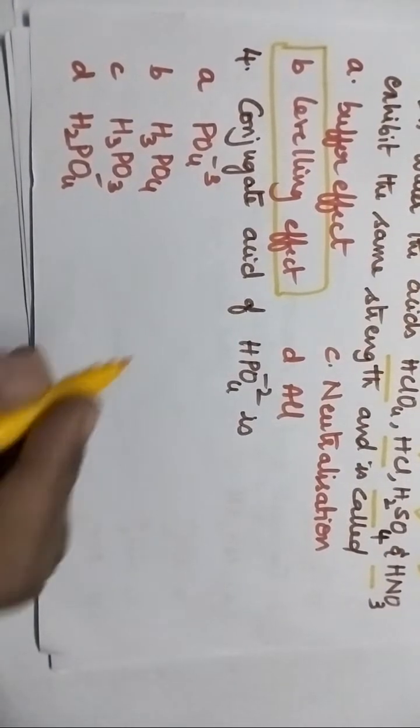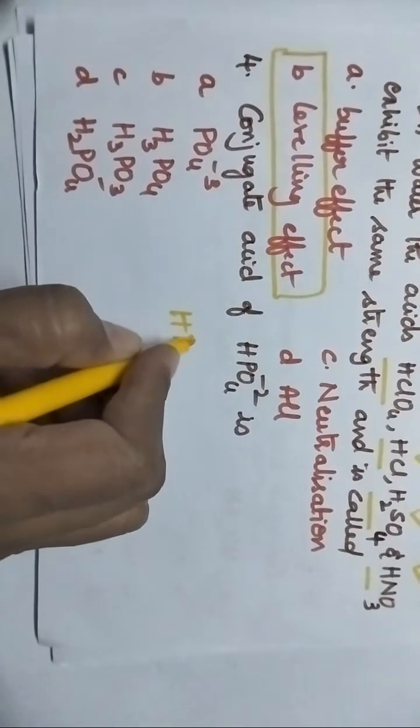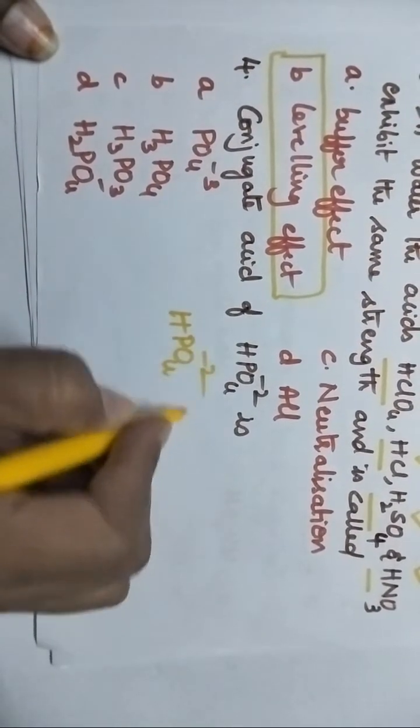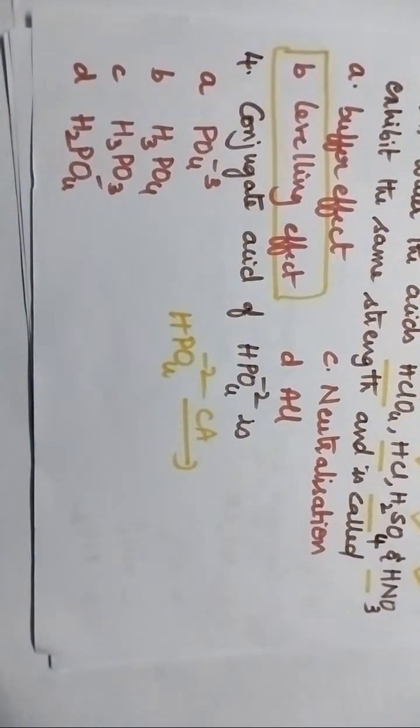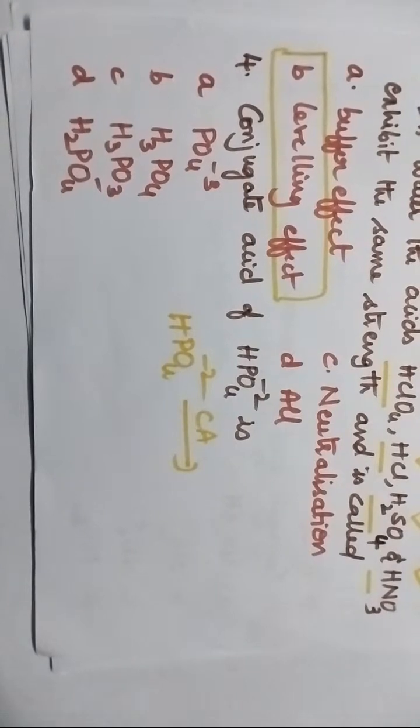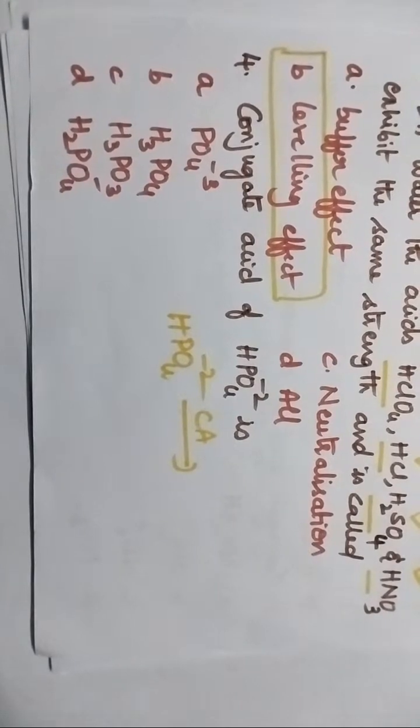Conjugate acid of HPO4 minus 2. What is the conjugate acid of HPO4 minus 2? Very good, Swati.